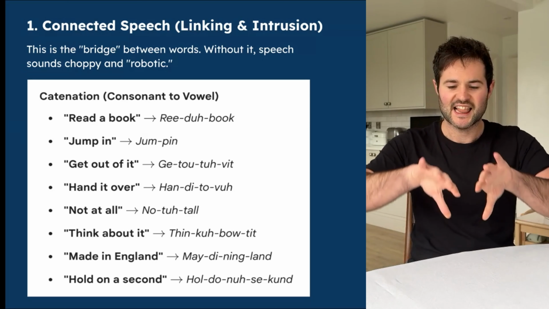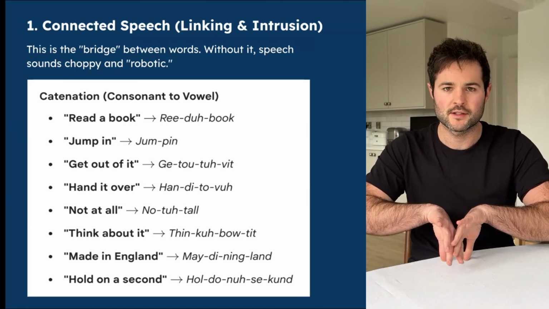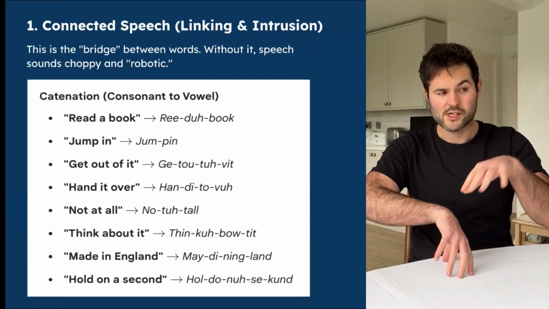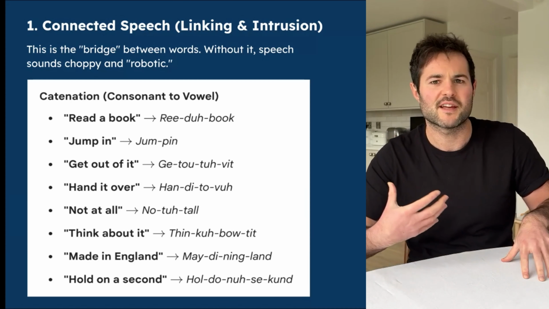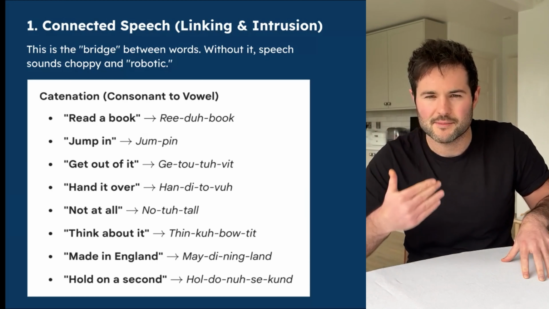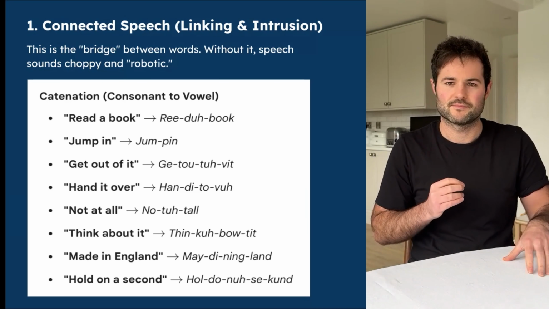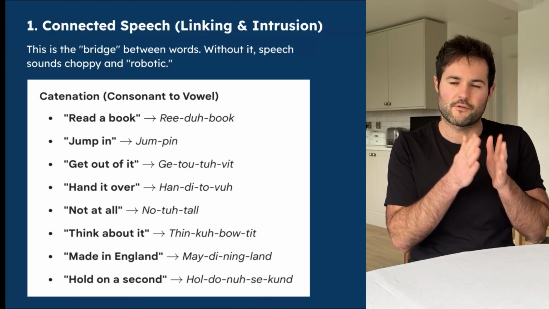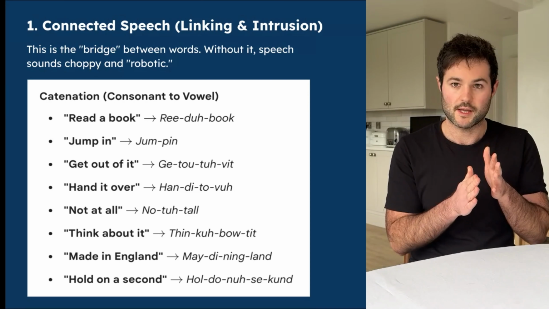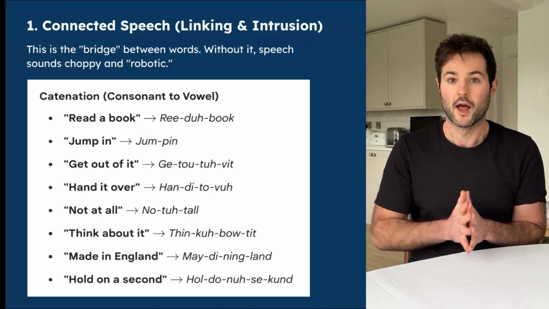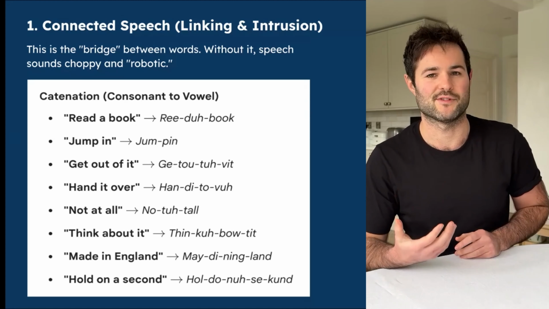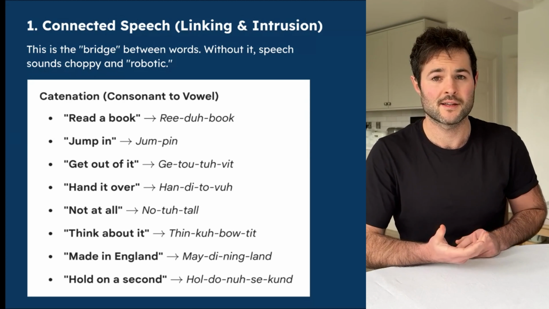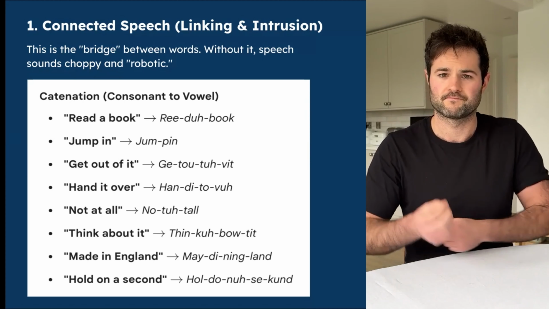You essentially link different words, different sounds, which would begin with a consonant, but it kind of becomes a vowel. Let me explain with these examples. So I'm going to read the phrase very slowly, separating the pronunciation. Then I'm going to repeat it with how it would actually sound when native English speakers speak naturally.